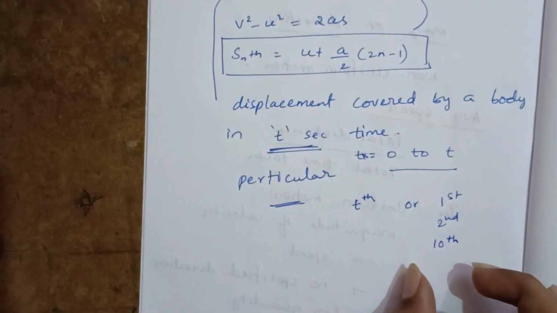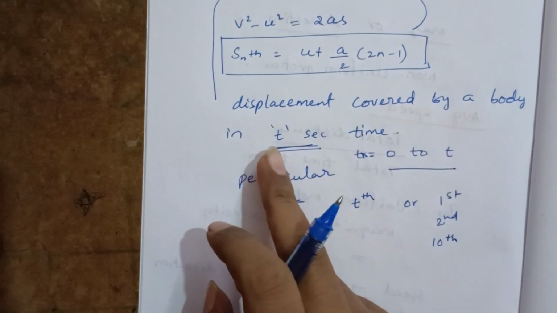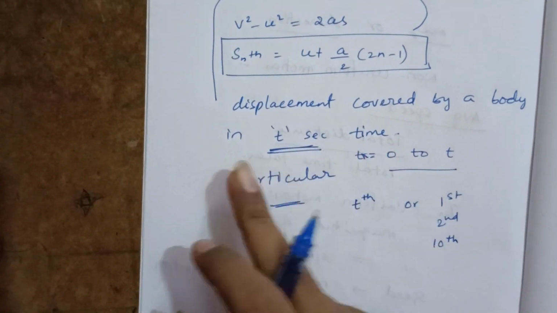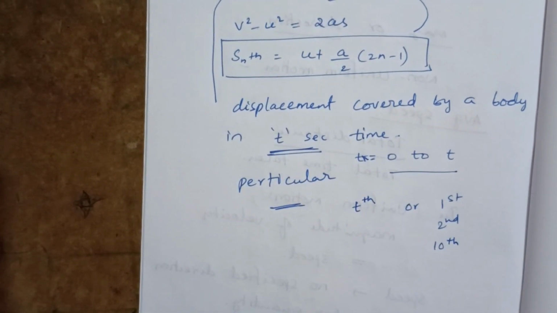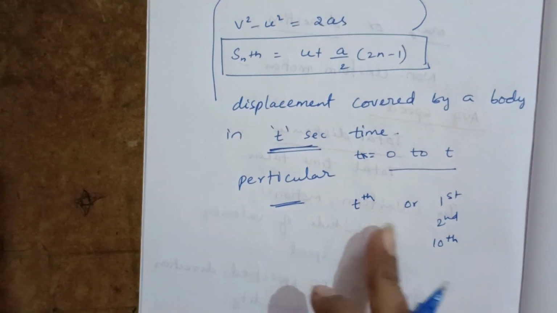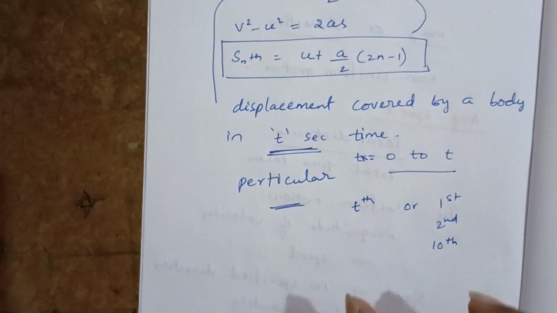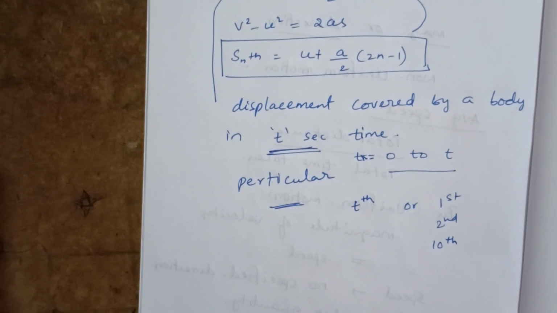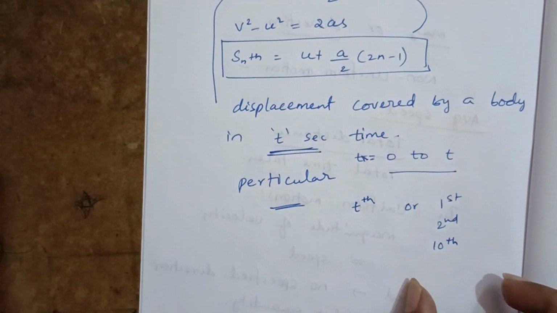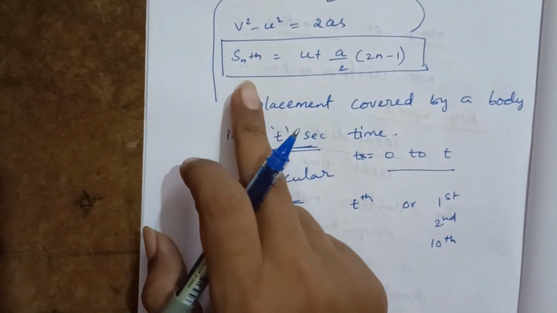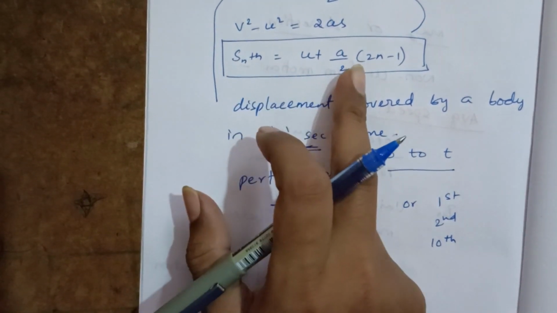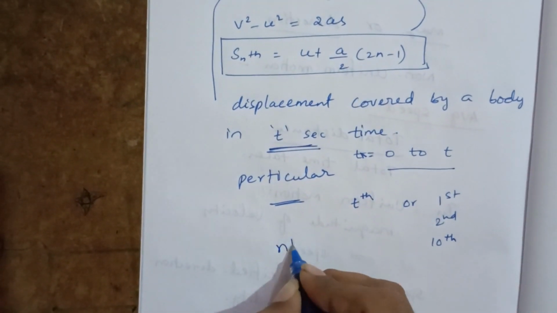In t time, we mean 0 to t seconds. The distance traveled by the body in a particular second, say the 10th second, in that 1 second is s nth. Here n is the nth second.